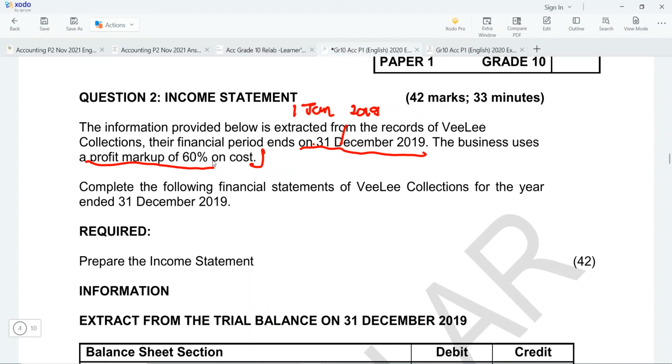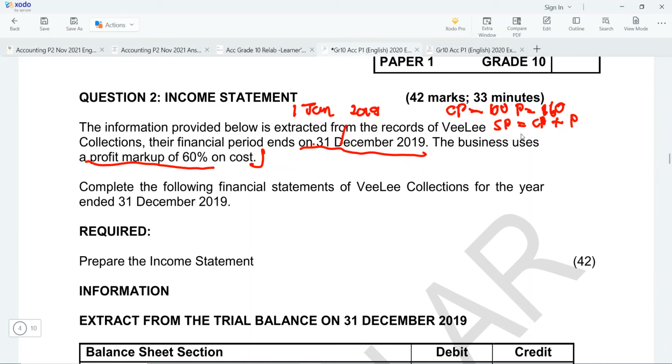And here they've given us some information about the markup. What is known to us is that our cost price is always 100%, and according to this, our profit is 60%. So when we charge people, our selling price is going to be our cost price plus the profit that we want to make.